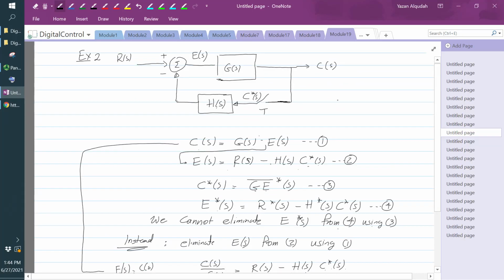So C of Z over R of Z cannot be found. Okay.